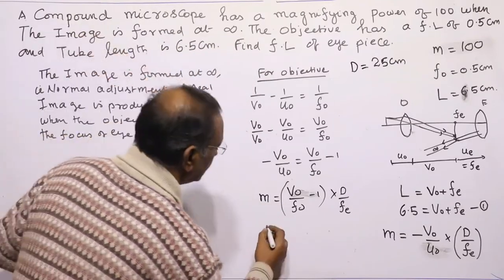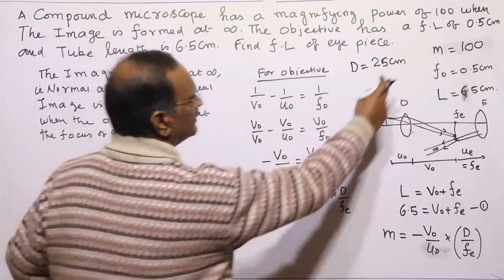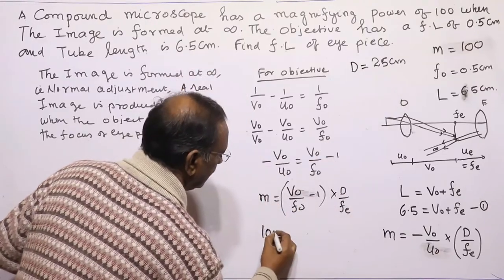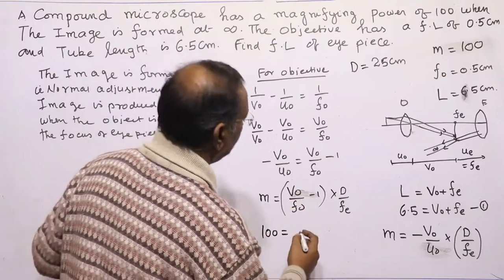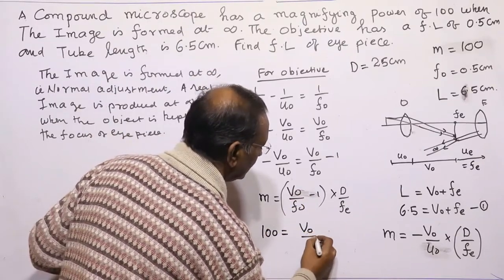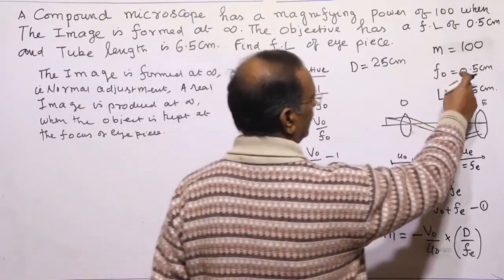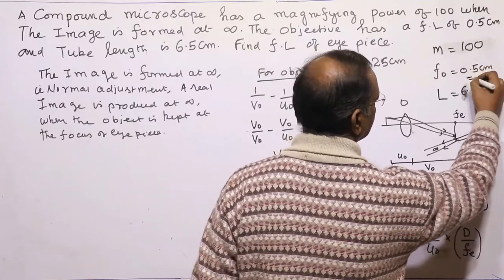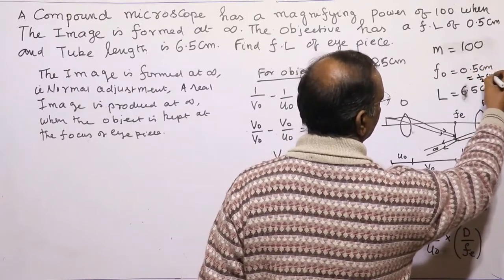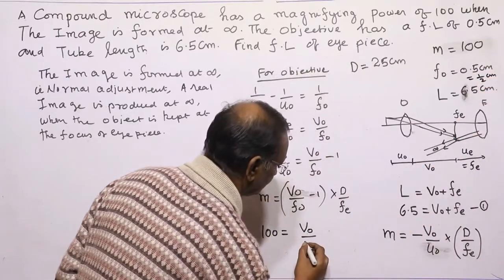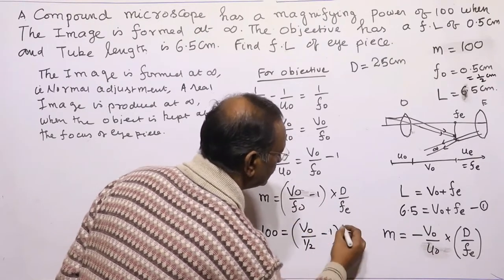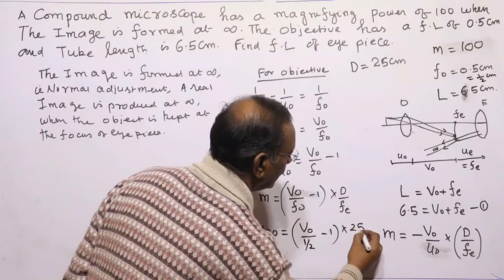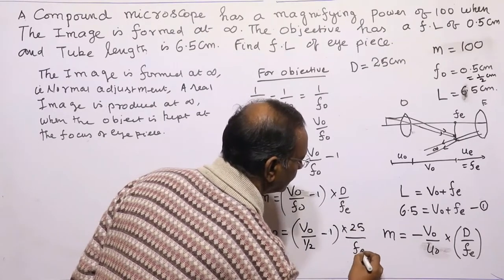So in this case, M is given as 100, which is equal to V0 divided by F0, where F0 is 0.5, which we can write as half centimeter, minus 1, into d equal to 25 divided by FE.